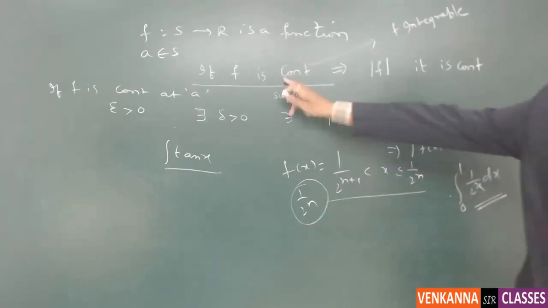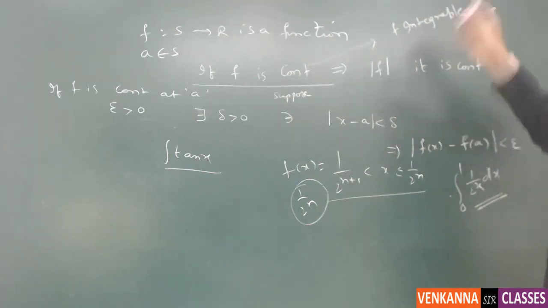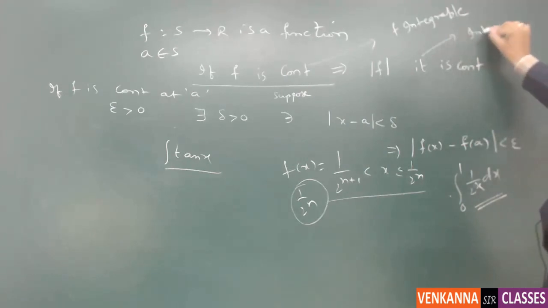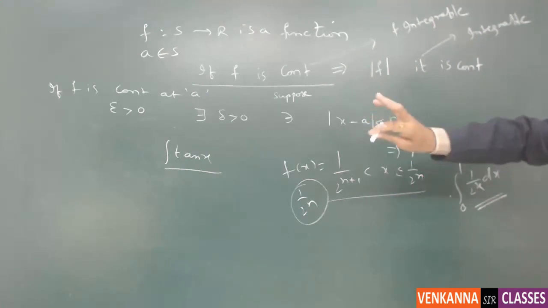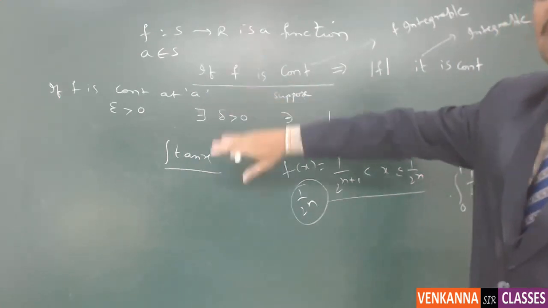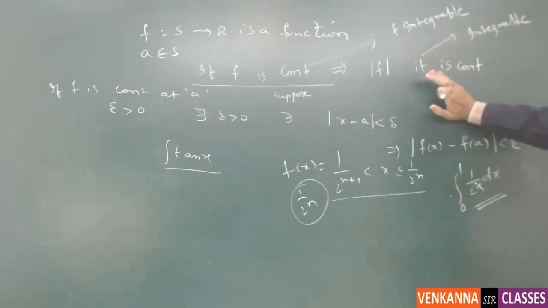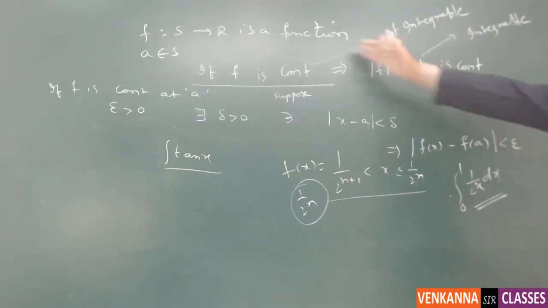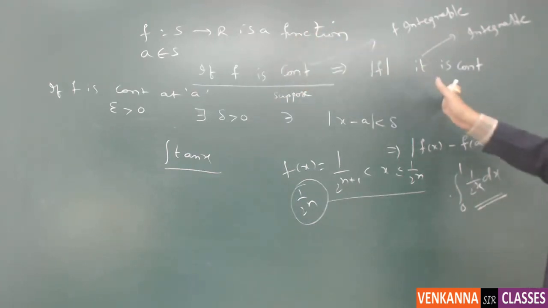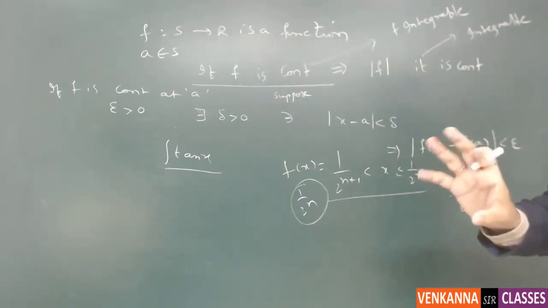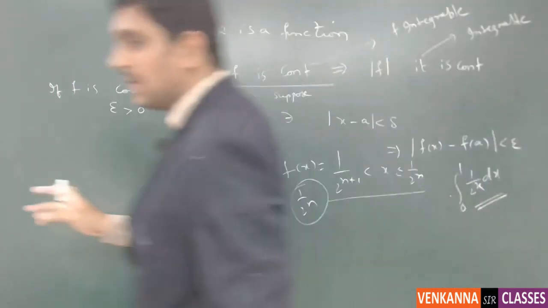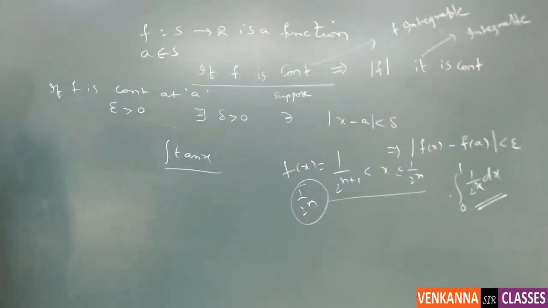If f is continuous and mod f is continuous, then mod f is also integrable. If you say that you are showing f is continuous by means of a graph, then by the same graphical approach, since f is integrable, mod f is also integrable. Is that reasoning sustainable in proving it graphically? Are you getting my point?